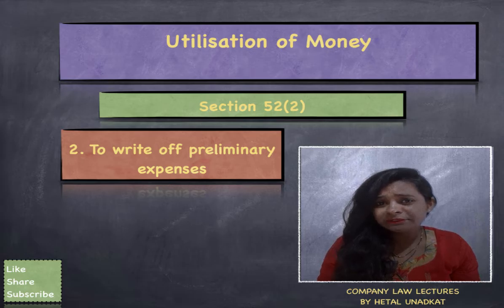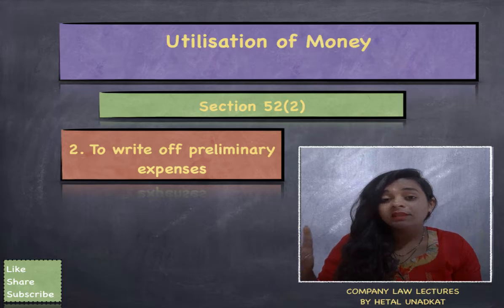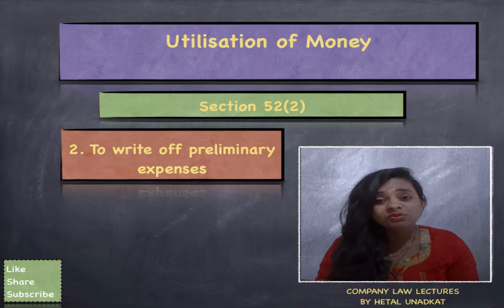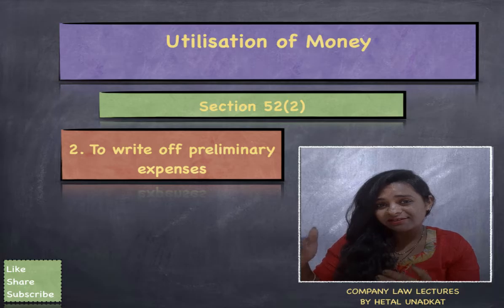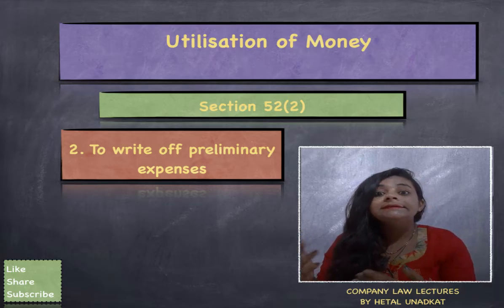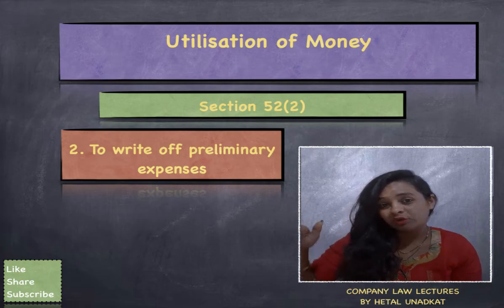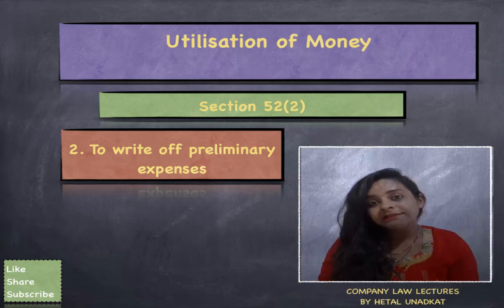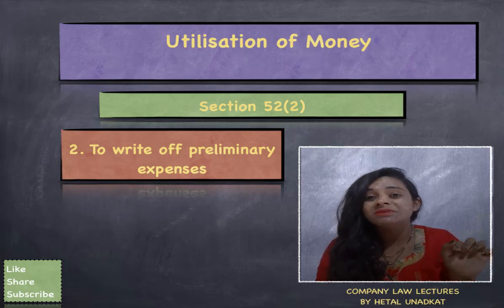Do you remember preliminary expense, where we use this expense in our final accounts? Whenever a company starts, we need to incur some expenses on a preliminary basis, the starting expenses of starting the company. That is the preliminary expense which we incurred first, in the starting phase of the company.